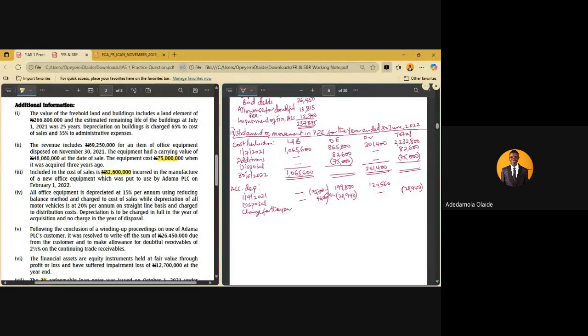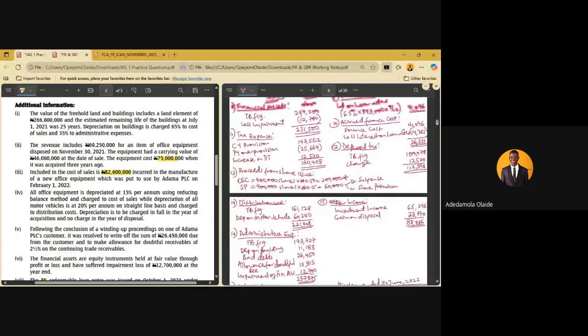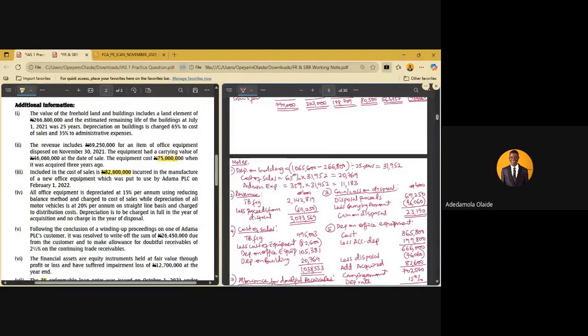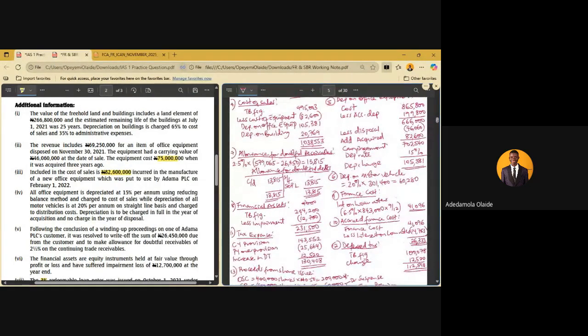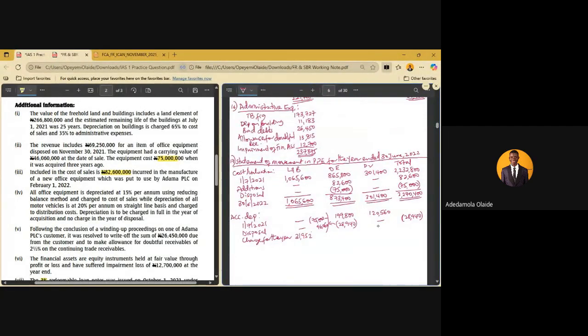So the depreciation charge for the year, sorry, building is 31,952. I'm with you. 224,400. 2,240,400. Okay, what about this? 873,400. So the next one is what? Depreciation on motor vehicles 6,280.